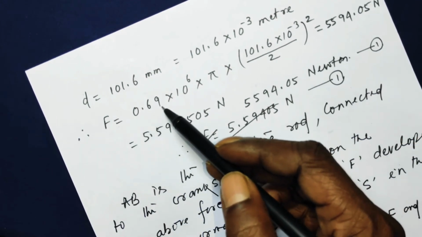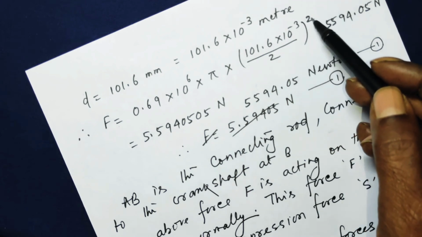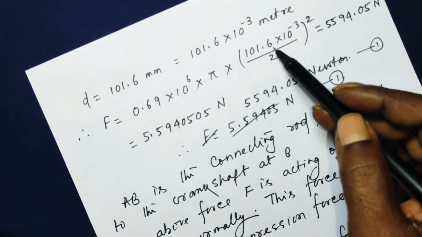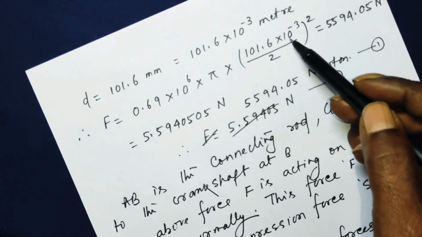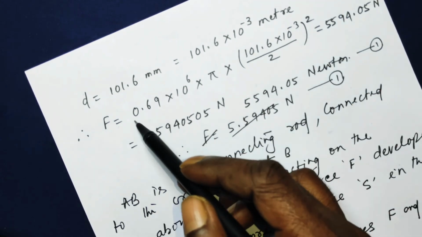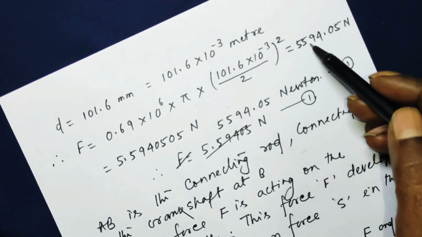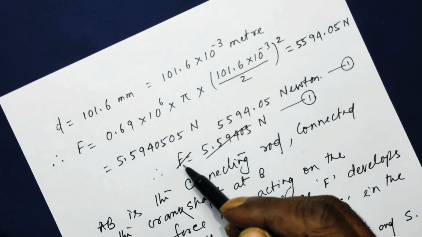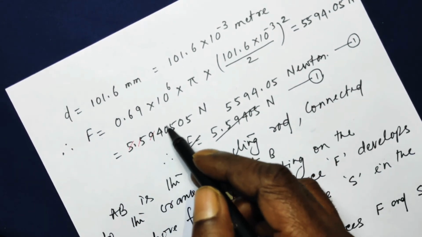So your force becomes 0.69 times 10 to the power 6 times pi times (D by 2) squared. Because D was given in millimeter, I have converted it to meter by multiplying with 10 to the power minus 3. So when you put all these things in a scientific calculator, this comes out to be 5594.05 Newton. And this is not correct.